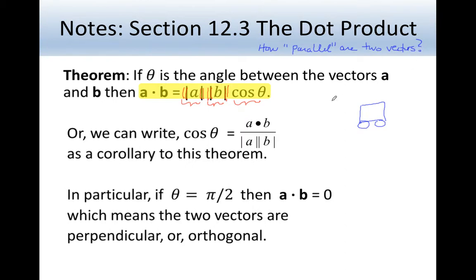That's what the dot product means. How parallel are they? A number to describe that, because it's a number. So for example, if you have perpendicular lines, well, they are not parallel at all. Zero parallelness.